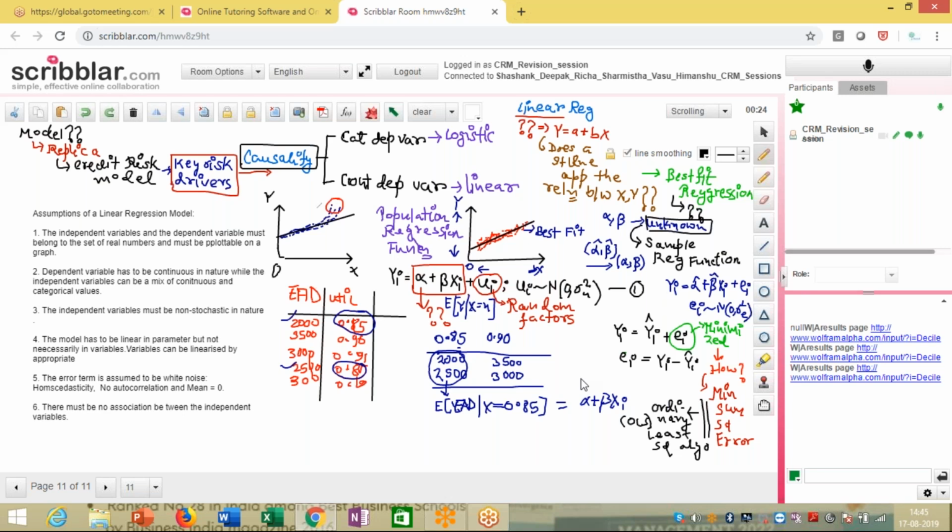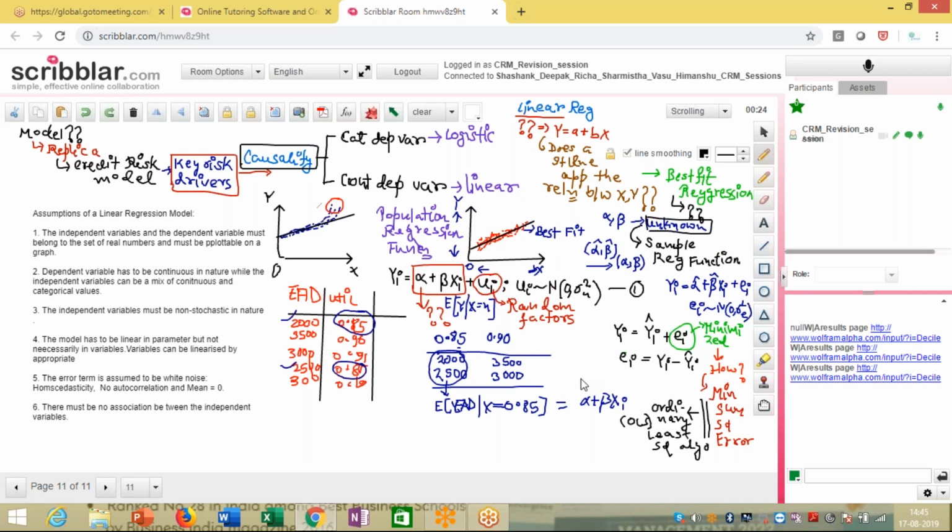And my objective is to minimize the impact of this ei, because the lower the impact of ei on my estimators, the closer yi hat will be to the actual value of yi, right? So how do we do that? We do that using an algorithm called the ordinary least square algorithm.